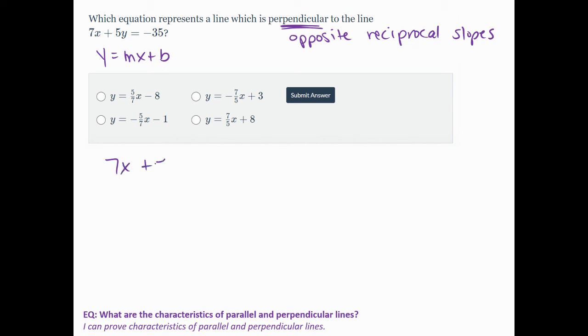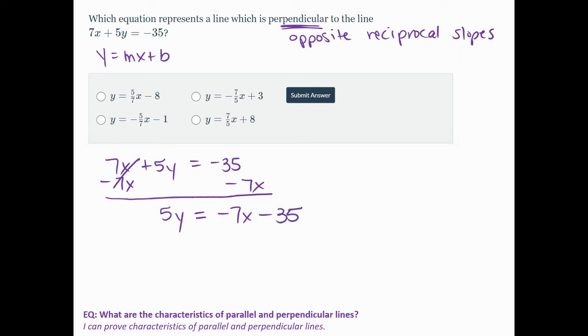So I have 7x plus 5y equals negative 35, and I'm going to turn this into slope-intercept form. I'm going to subtract 7x from both sides. 7x minus 7x is 0. I have 5y equals, on the right-hand side, negative 7x minus 35, and then divide everything by 5.